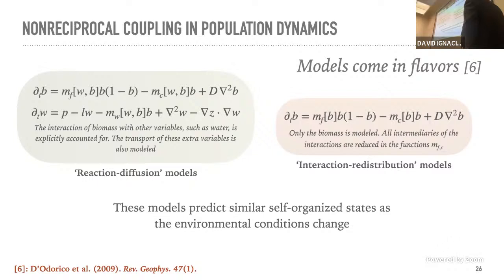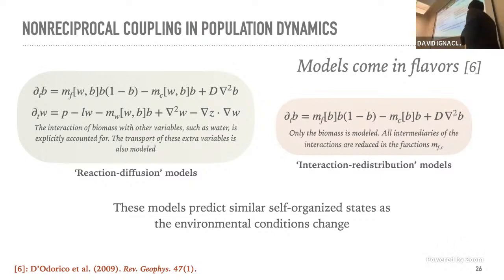For instance, you have families of reaction diffusion models that couple this biomass with other relevant variables such as water. And also you have interaction distribution models that only take into account the biomass, and all the other agents are hidden in the interaction kernels.